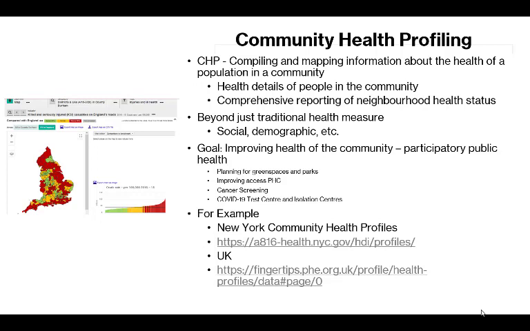For example, there has been some work that showcases areas where there's a high rate of obesity and diabetes. So that gives an understanding that there is a need to do something in terms of planning for access to healthcare services that will improve the health outcome of the people.